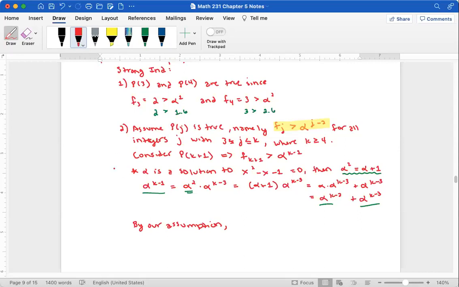So by our assumption, since k is bigger than or equal to 4, we can say that f sub k must be bigger than alpha to the k minus 2, and f sub k minus 1 is bigger than alpha to the k minus 3. So I'm giving Fibonacci numbers for each of these two alphas I've just created.